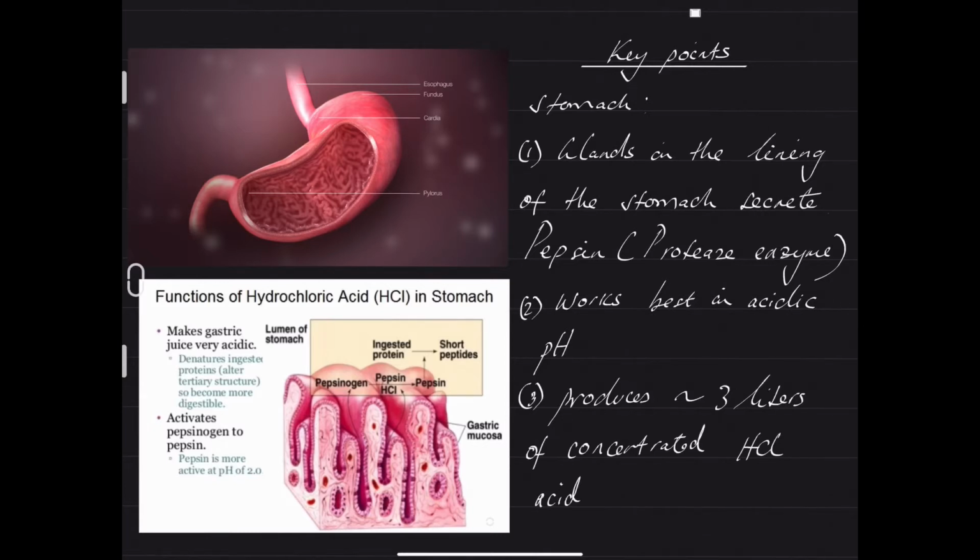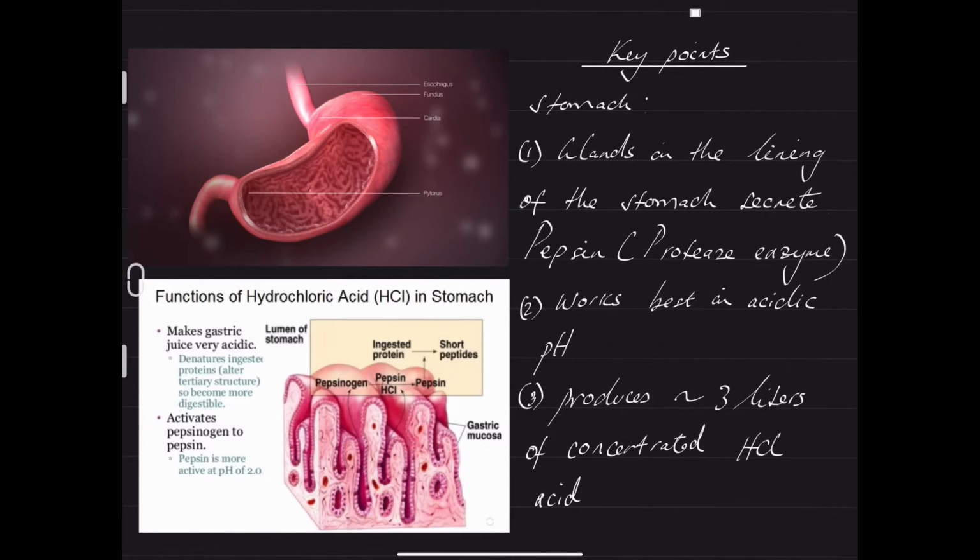work. And you can see here on the diagram, on the lower diagram, why pepsin is important. Why the hydrochloric acid is important for the functioning of pepsin. You do not need to know that pathway in any detail at all for GCSE, but you do need to know that the hydrochloric acid is providing the right conditions for pepsin to work.